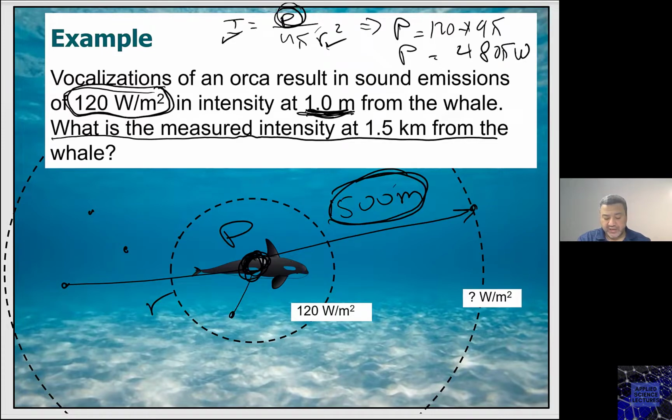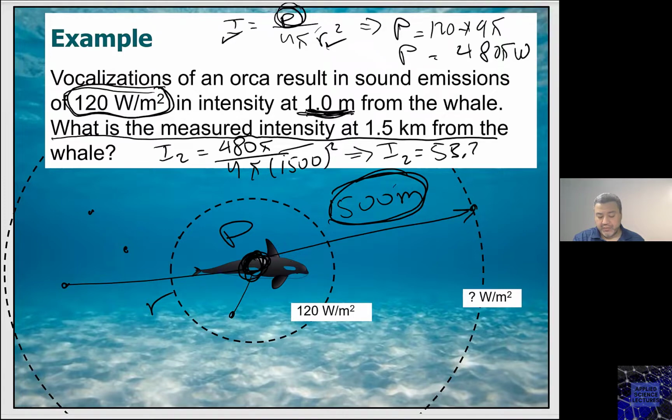In this case, I2 equals P, the same power, 480 pi divided by 4 pi times 1,500 squared. And in this case, I2 becomes 53.33 times 10 to the power minus 6 watts per meter squared.